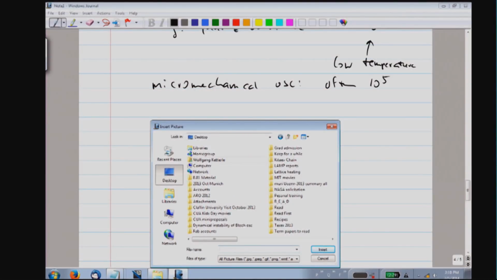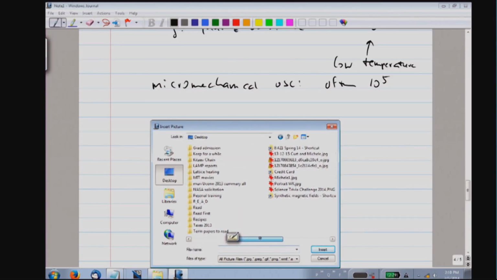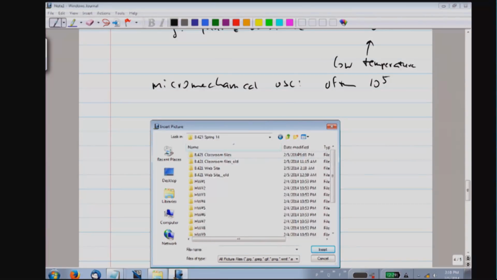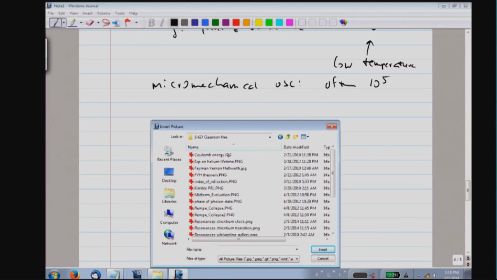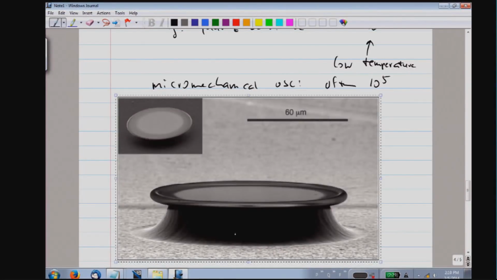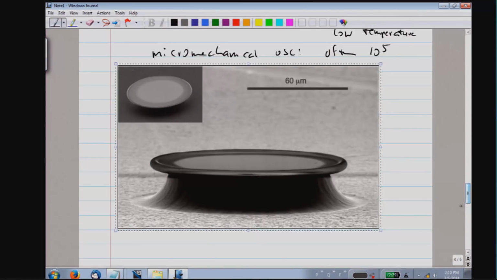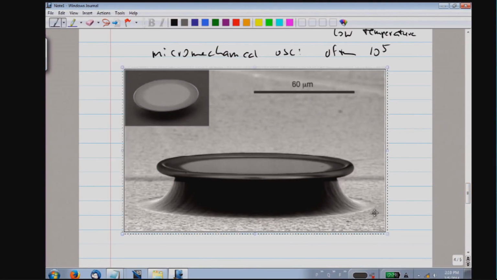Here, I want to show you a picture of a fairly nice one. This is a micro-fabricated device.